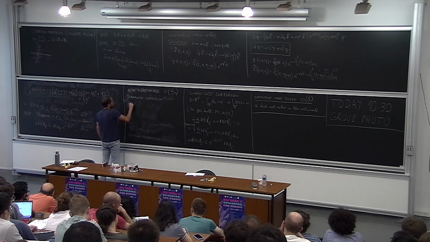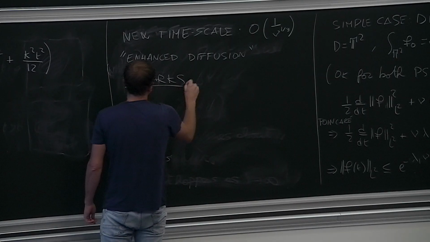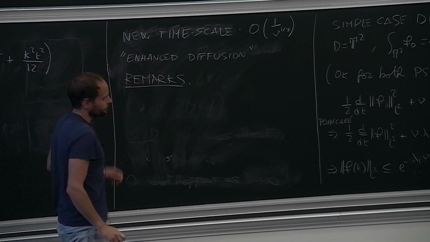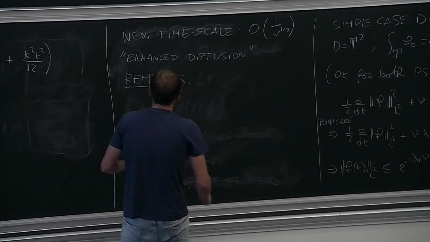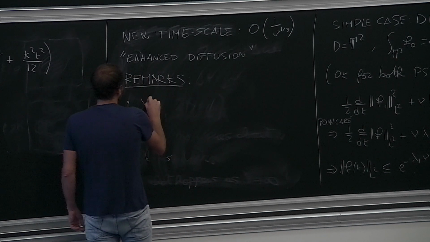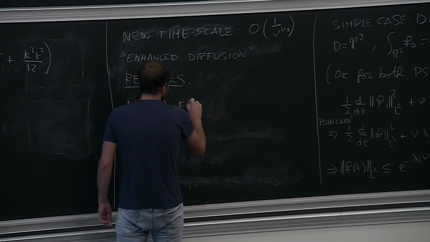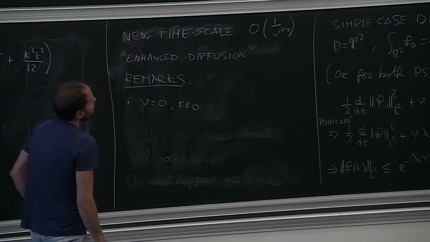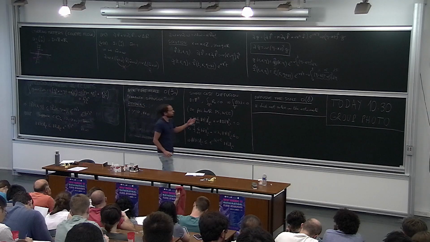Let's say just a few remarks. So this is, I guess, the first remark. For nu equals 0 and k not 0, okay, there is some transfer of information to high frequencies.